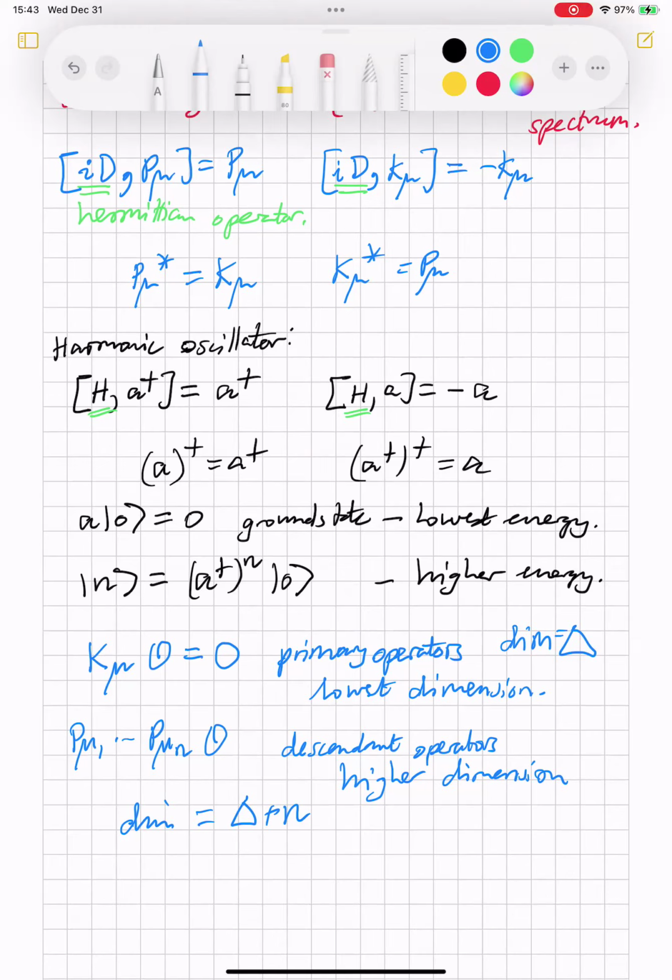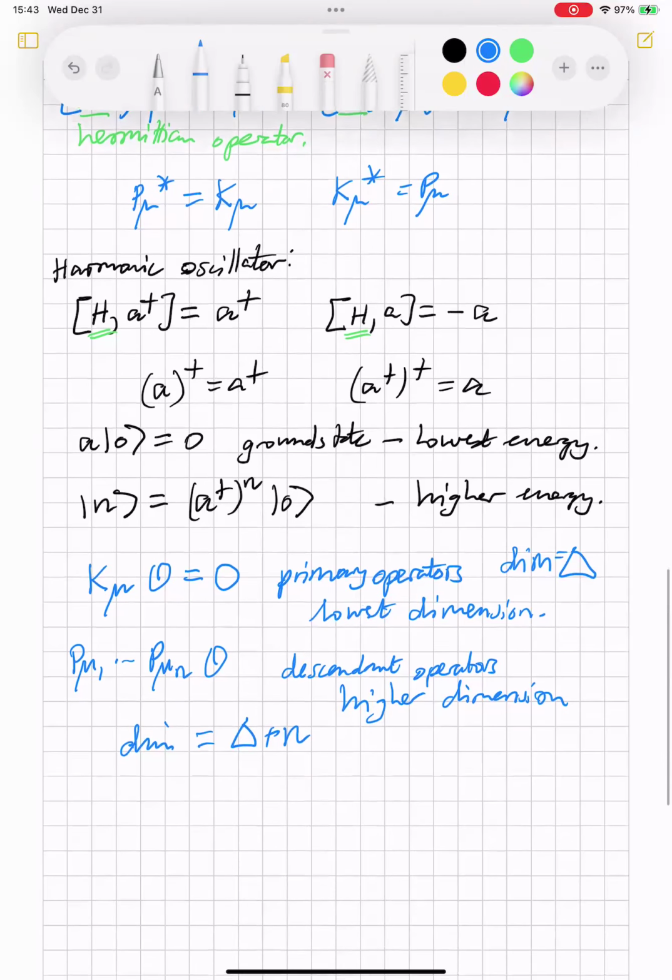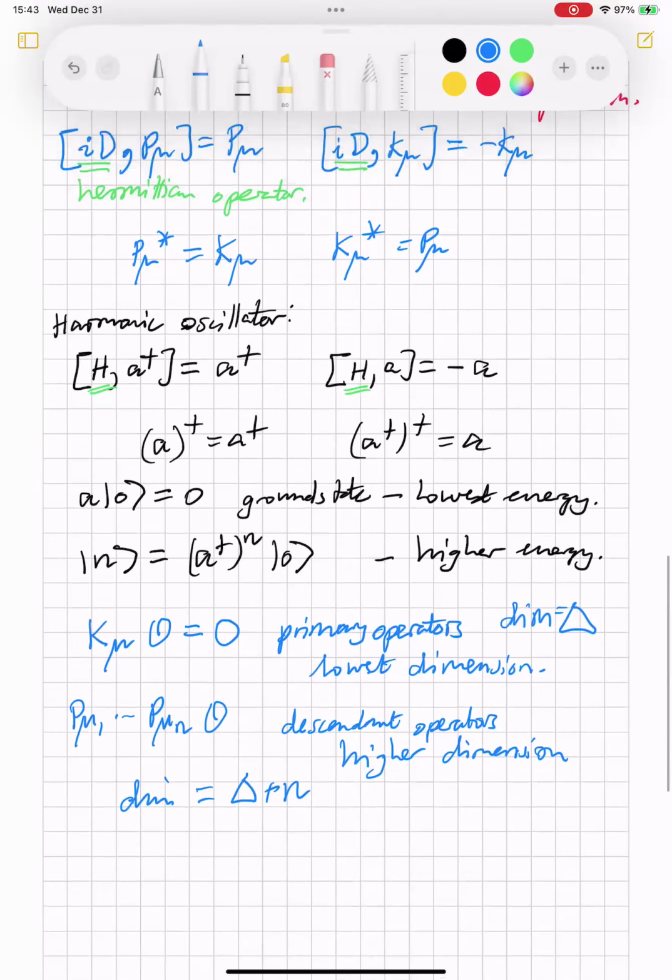When you were studying quantum mechanics, if you were doing rotations, you could mix a spin 2 state with another spin 2 state, but a rotation could never mix a spin 2 state with a spin 4 state. Conformal transformations can never mix descendants or primaries which are different.